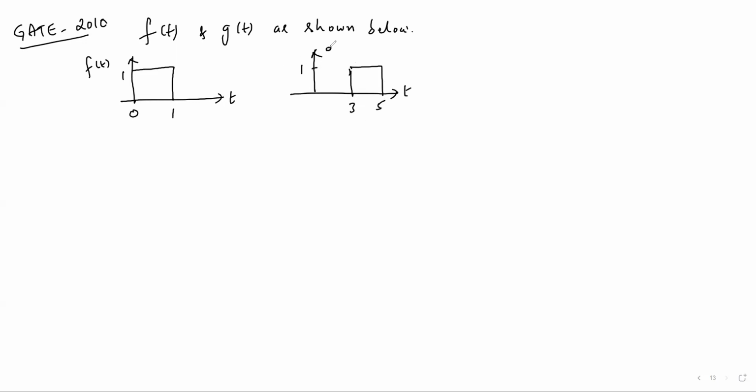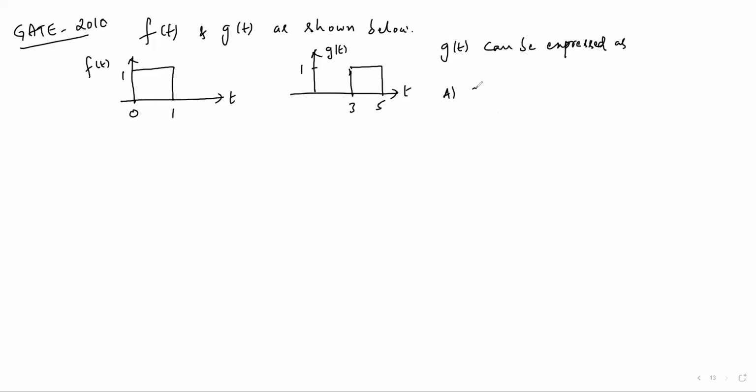This is the g of t signal. We ask that g of t can be expressed as, and the options are given like this.